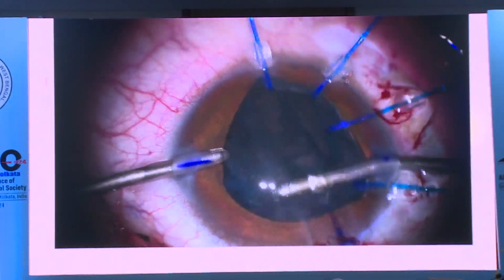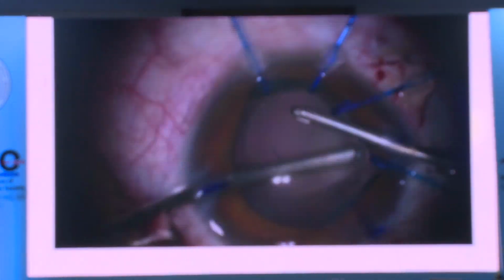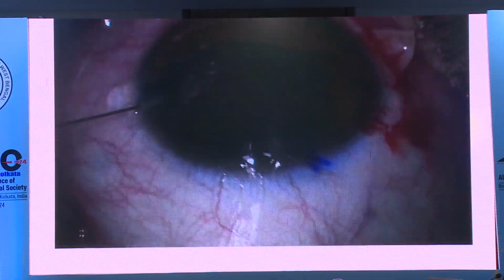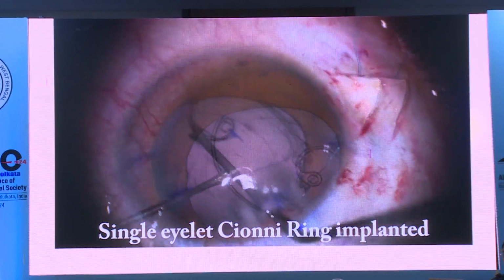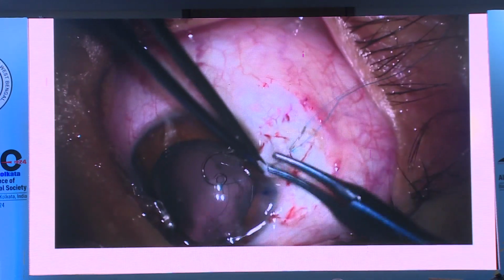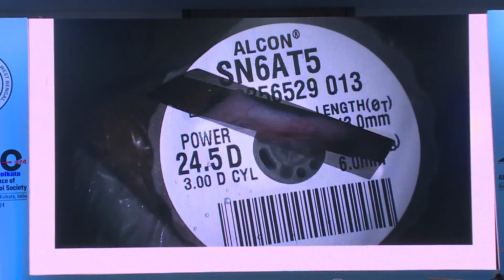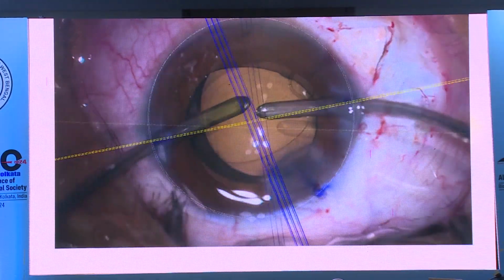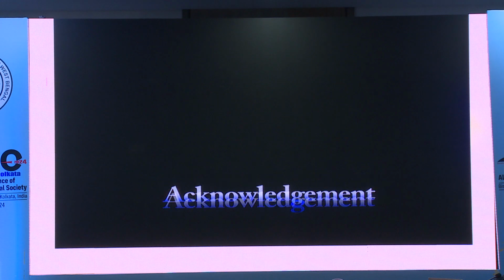So here we have applied hooks to the rhexis margin and removed the cortex, and then fixed the capsular bag with the Cionni ring. Almost perfect centration of the capsular bag is achieved. Then implantation of the toric IOL into the capsular bag, and this is Callisto which we have used in this case.